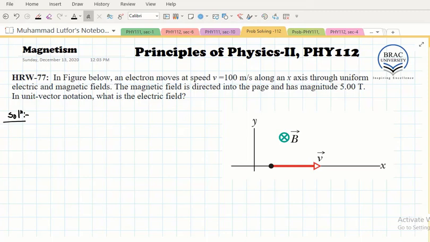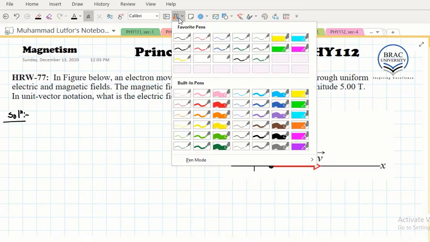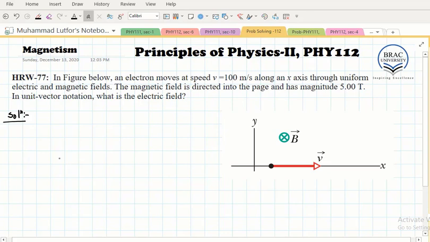Fine, let's start. Since the electric field and the magnetic field are uniform, they will not change. It means that the electron will move at a constant speed. We can write the velocity v as 100 meters per second in the x direction.